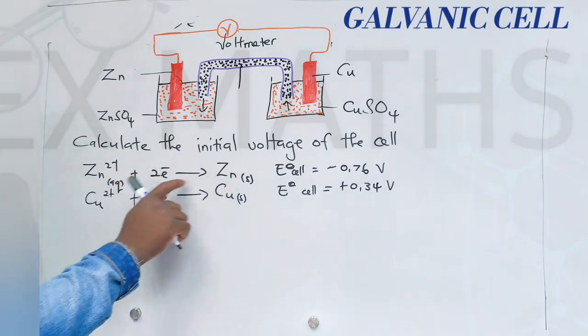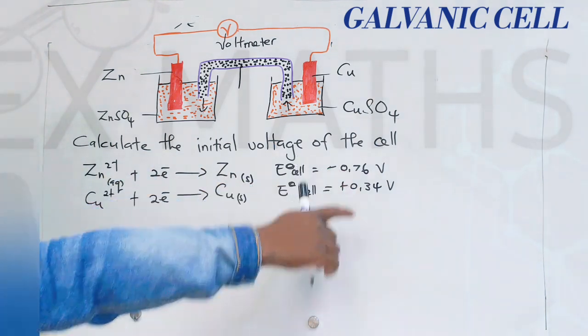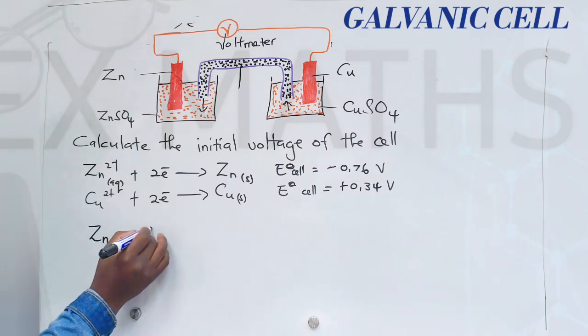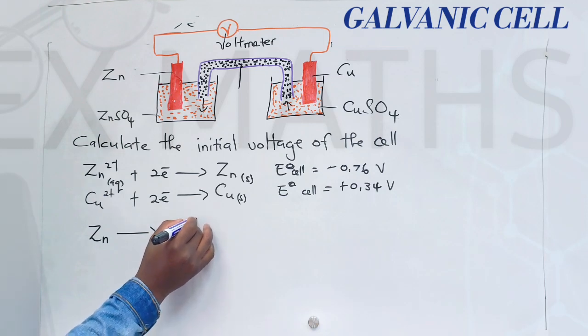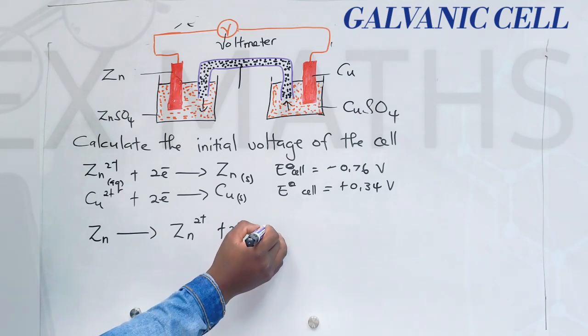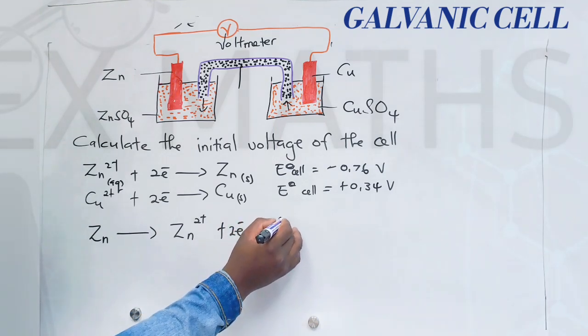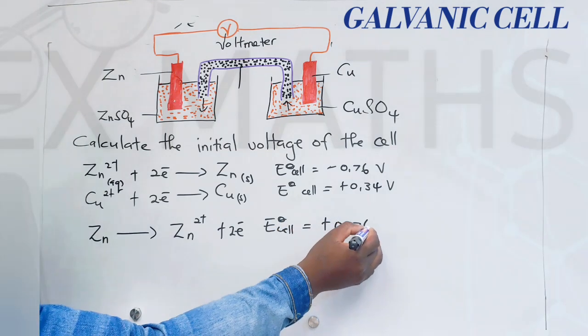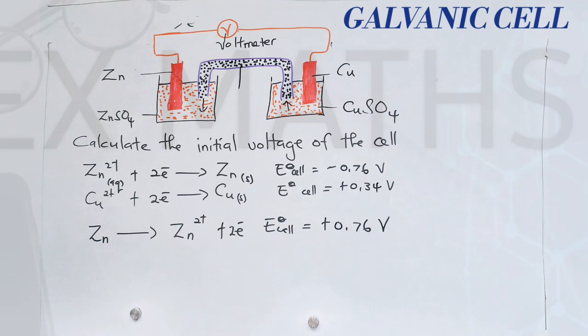But by reversing this reaction, we also need to reverse its cell potential. So it reverses to Zn giving Zn2+ plus 2 electrons, and its E cell will be positive 0.76 volts. So that's the first stage: reverse the more negative half reaction.